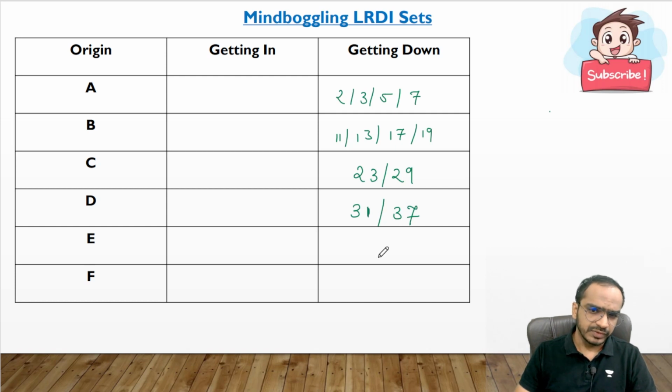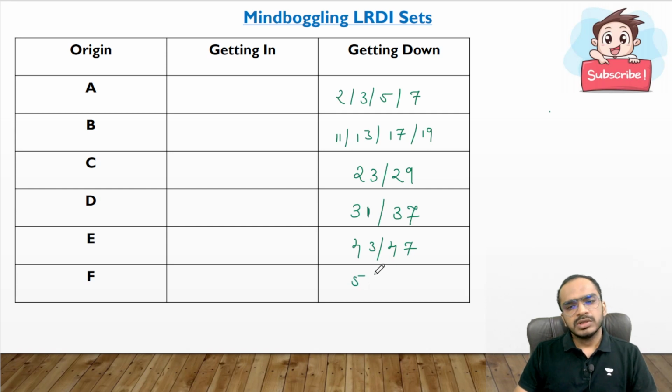Then 40 to 50. We can have 43, or 47. Then 50 to 60: we can have 53 and 59.